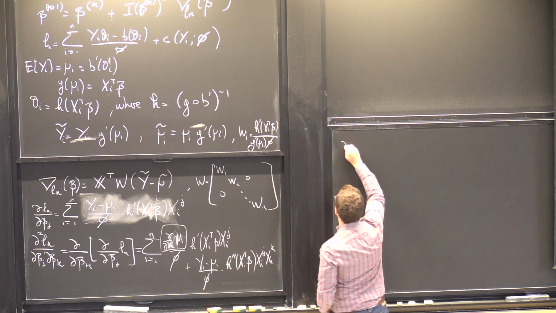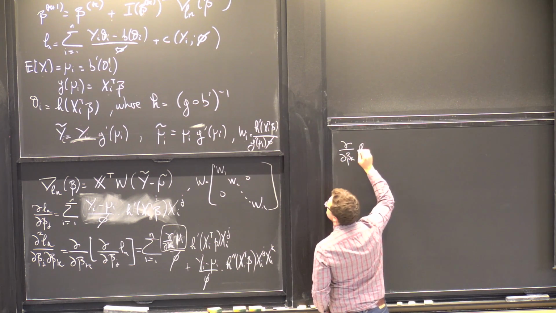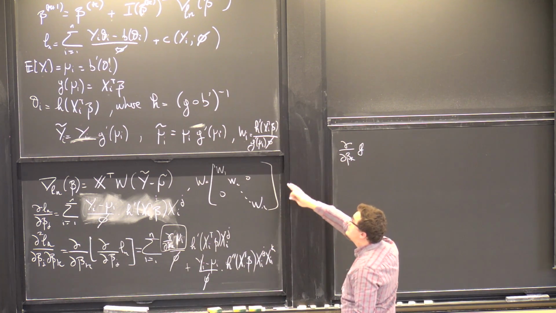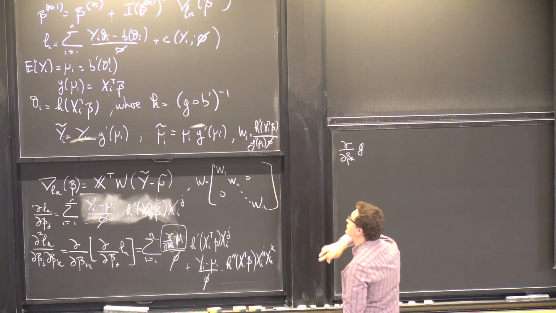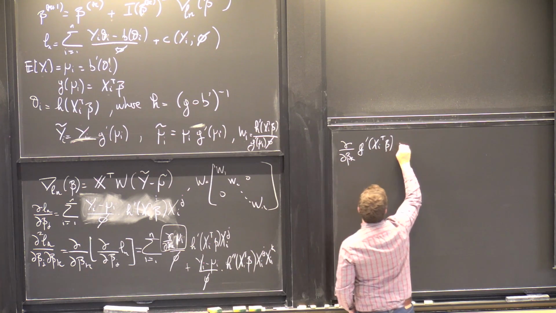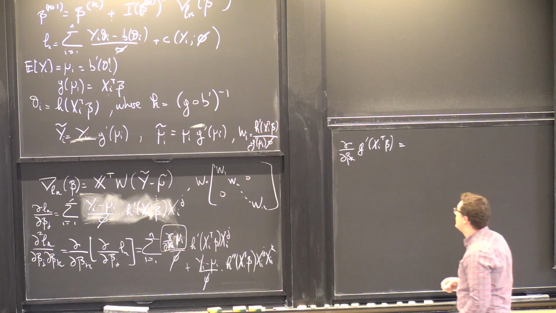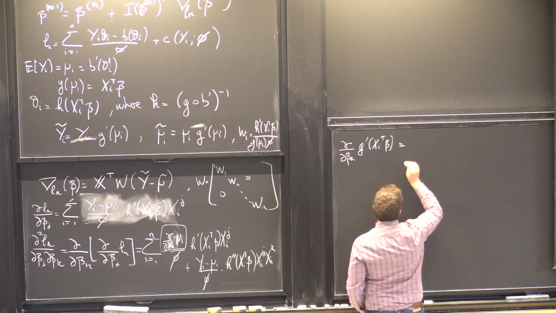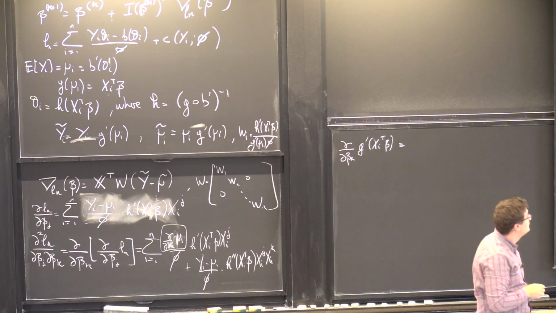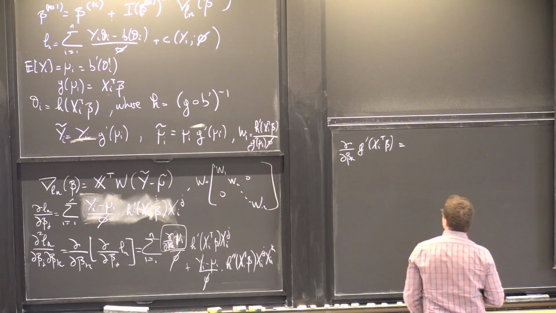So what is the partial derivative with respect to beta k of mu? So mu is g inverse of xi transpose beta. Okay? So what do I get? Well, I'm going to get definitely the second derivative of g. Well, okay, that's actually not a bad idea.